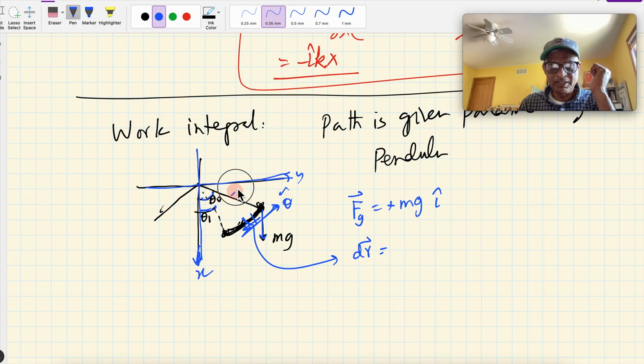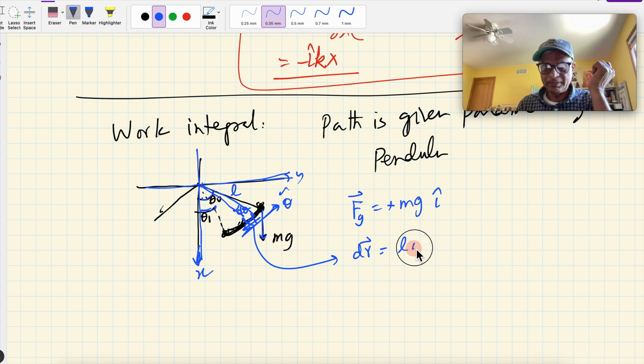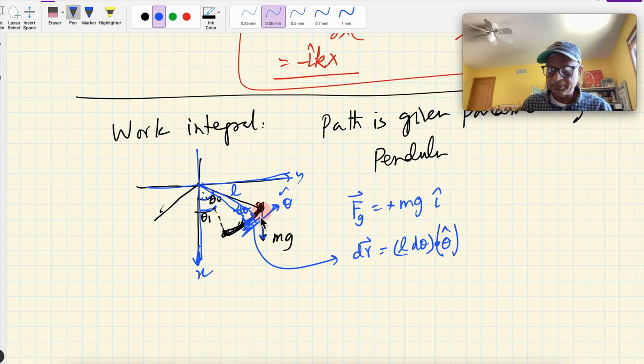And if this is length L and this angle is, say, d theta, then L d theta will be the size of this, and the direction will be theta hat, not minus theta hat, although I will use the direction later.